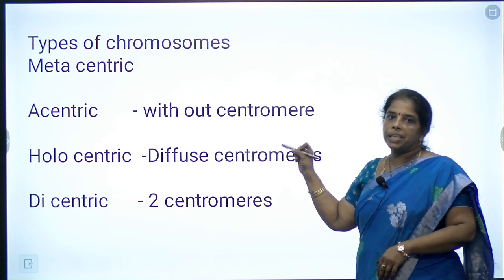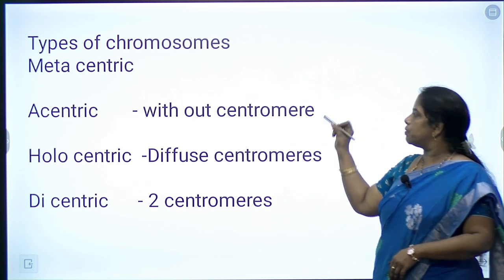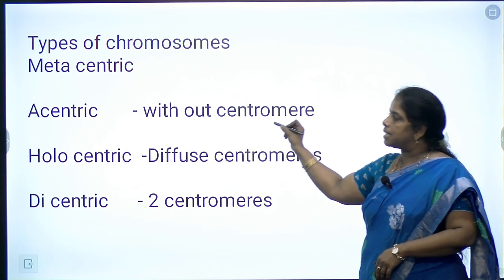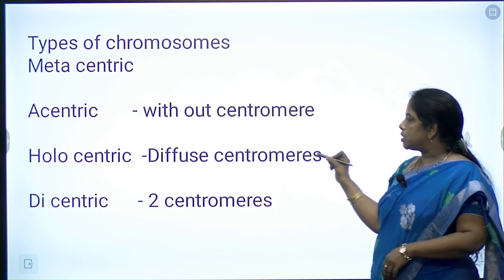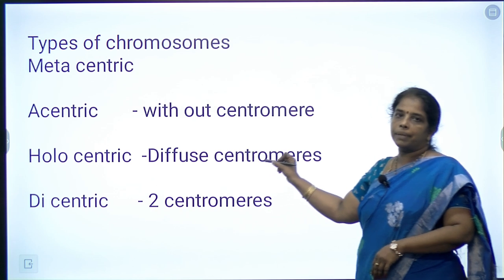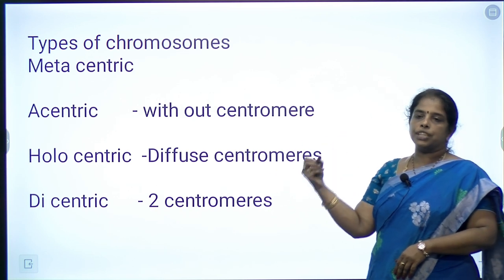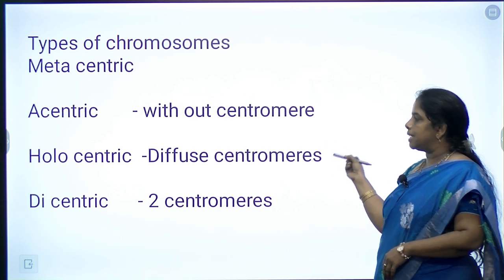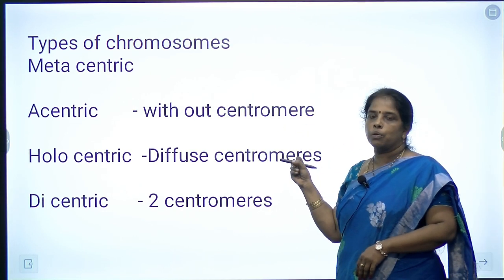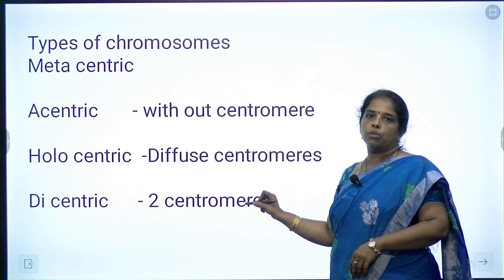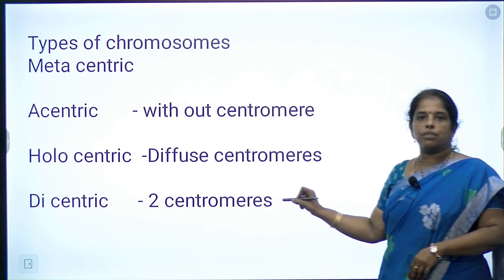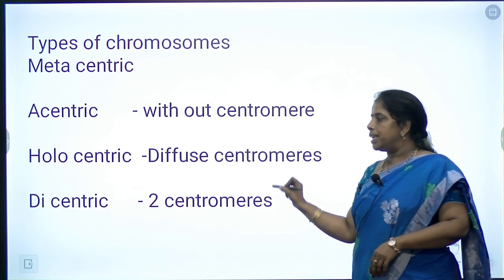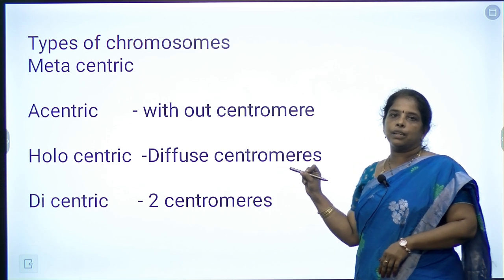Eccentric chromosomes are chromosomes without a centromere. If there are diffused centromeres, that means a number of centromeres are located along the chromosomal region, that is called the holocentric chromosome. Sometimes the chromosomes have two centromeres, and these are named dicentric chromosomes.